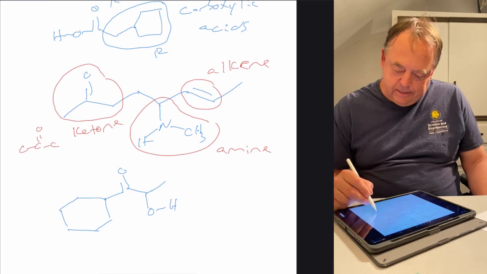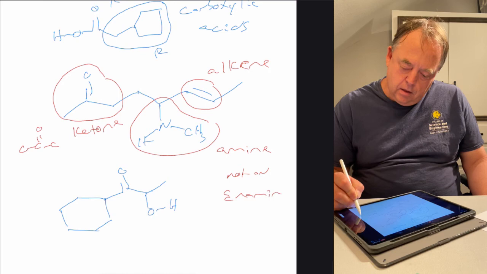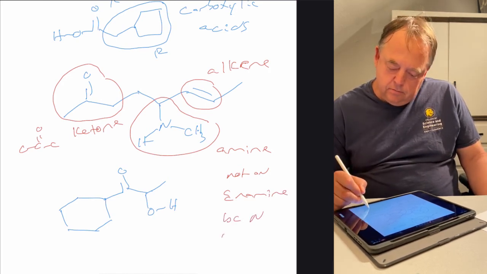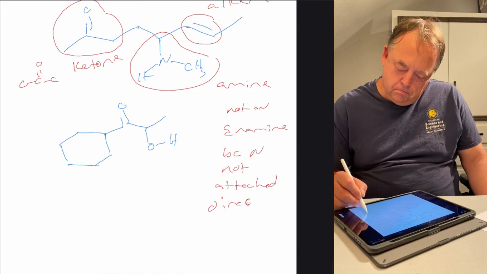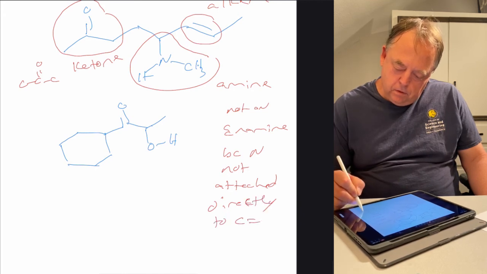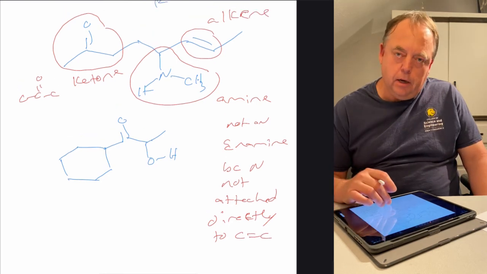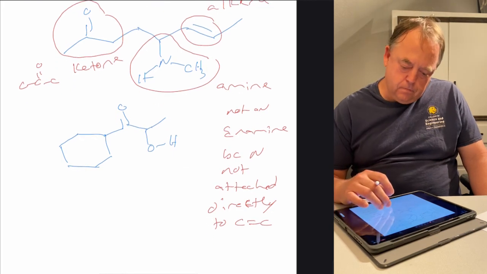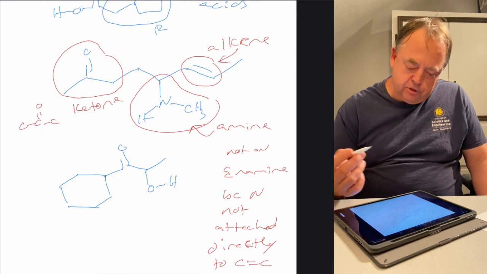If you notice, it's not an enamine, because the nitrogen is not attached directly to the carbon-carbon double bond. So it's just an amine and an alkene. Okay, so 3 different functional groups in that molecule, or functional classes.